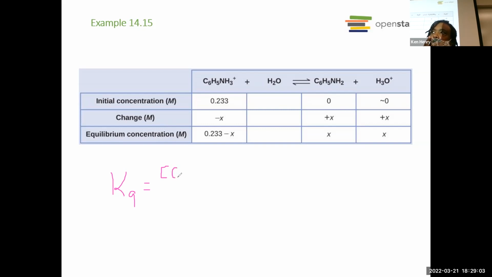So let's break it down. The products are going to be, before we get to the x squared, concentration of 6 carbon hexamine times concentration of hydronium ion, all over concentration.